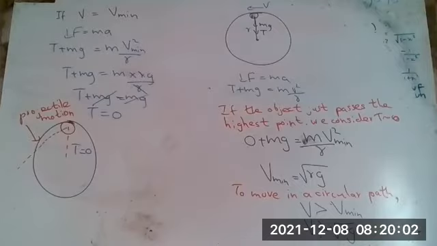If the object just passes the highest point, the tension in the string is 0, and the object will fall in a projectile path.